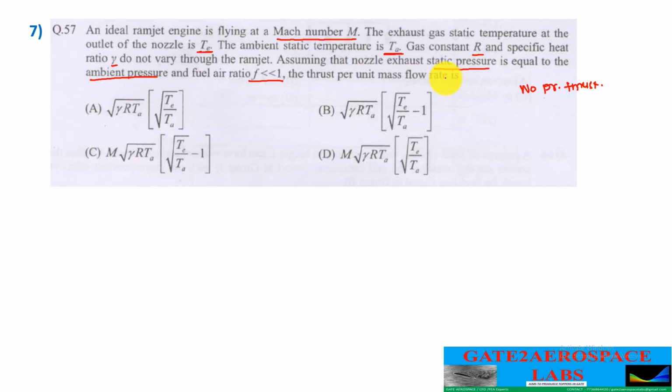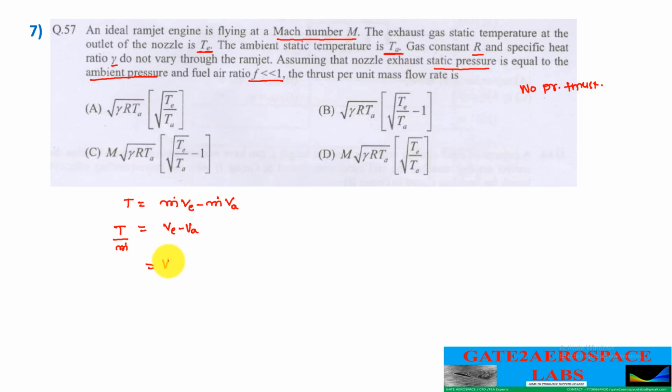The thrust per unit mass, you know how the thrust expression will look now: the mass flow rate into velocity at exit minus mass flow rate into velocity at the entry. Okay, now we have to determine T by m dot. This will be equal to VE minus VA.